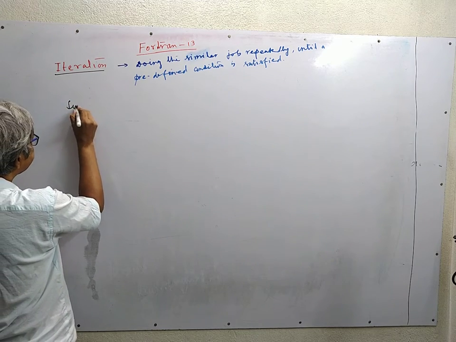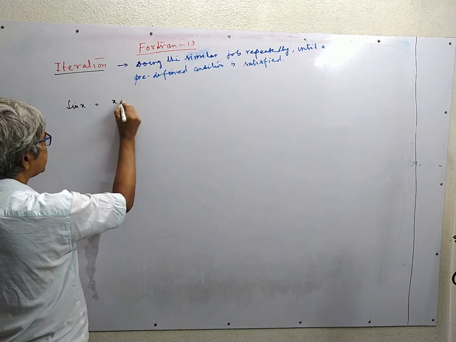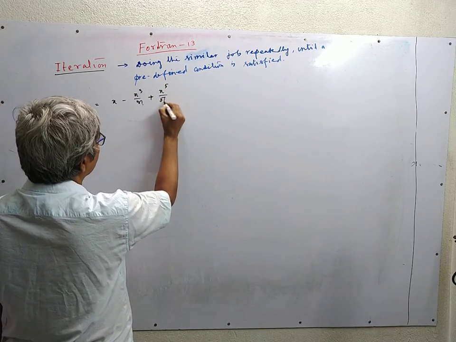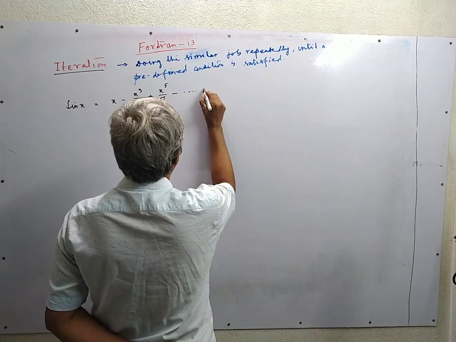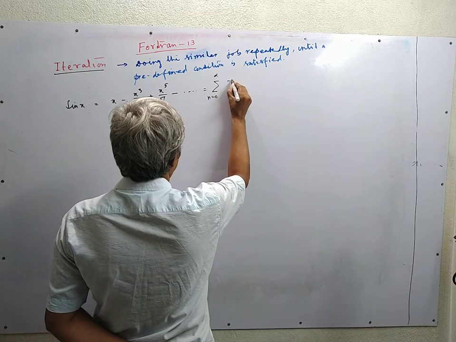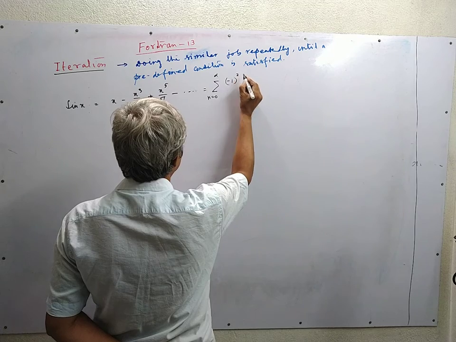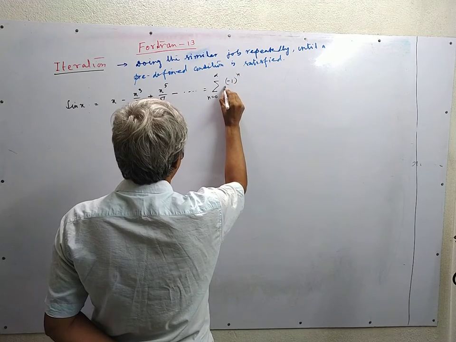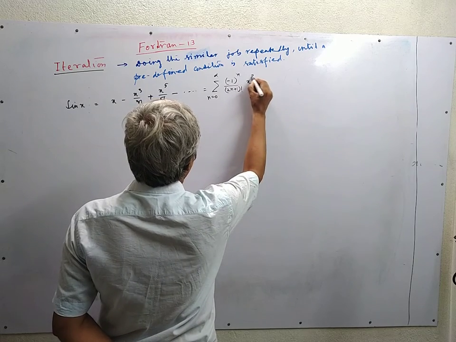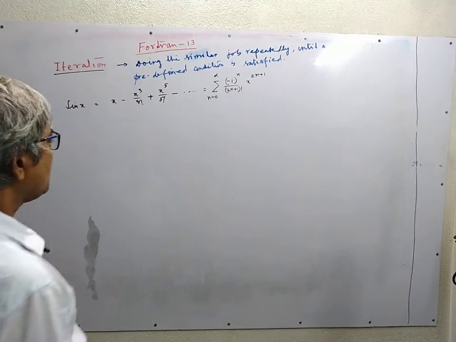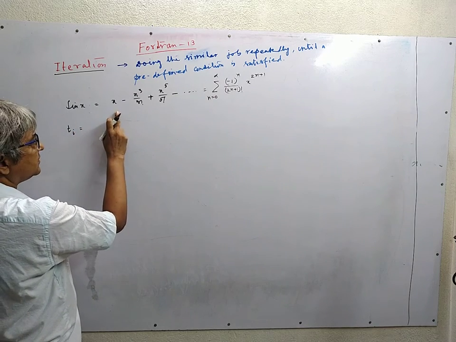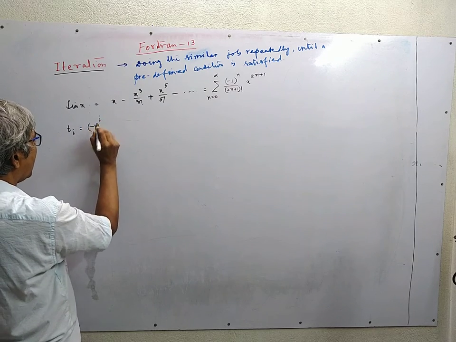We shall describe iteration via the solution of an infinite series. Say sin x. If we expand it in Taylor series, the series is x minus x cubed by factorial 3 plus x to the power 5 by factorial 5 and so on, which can be written as the sum for n equal to 0 to infinity, so that the ith term is minus 1 to the power i.